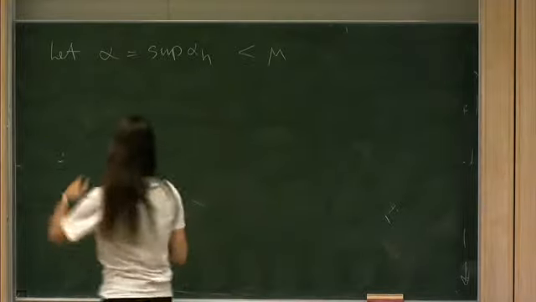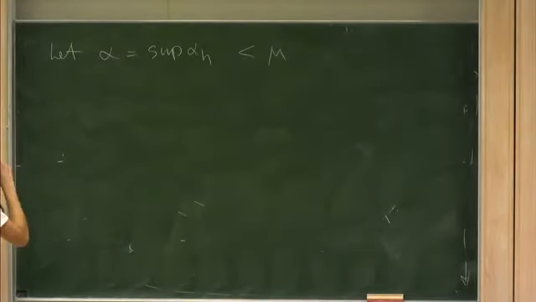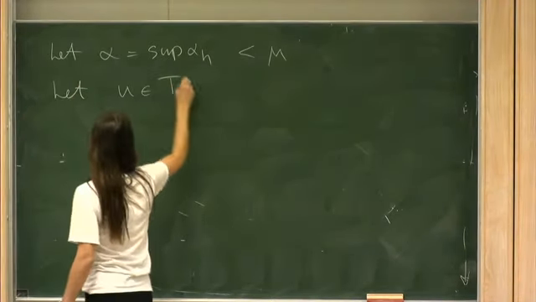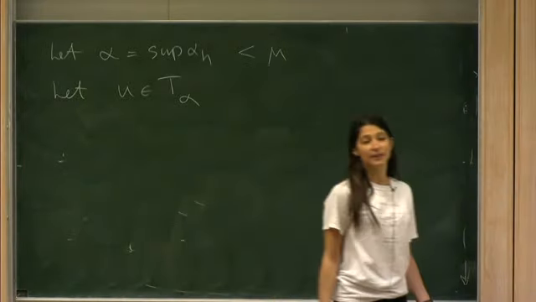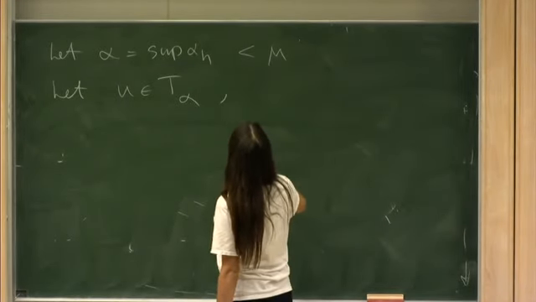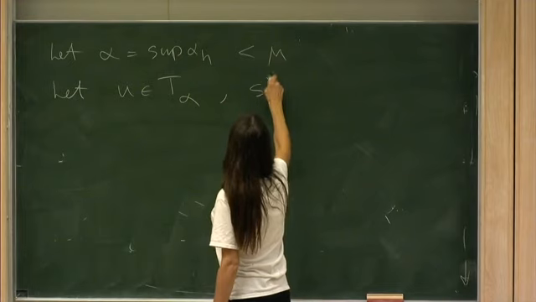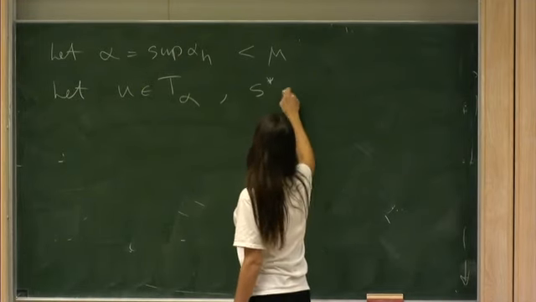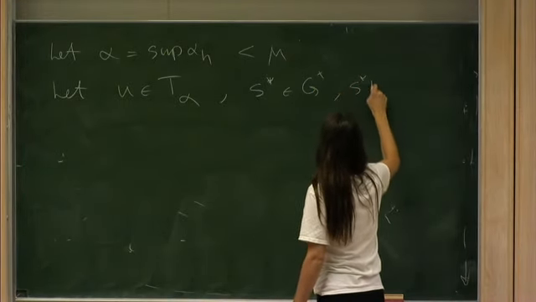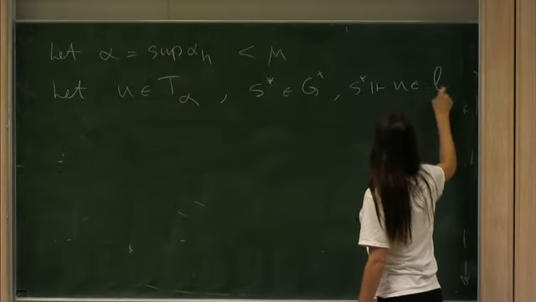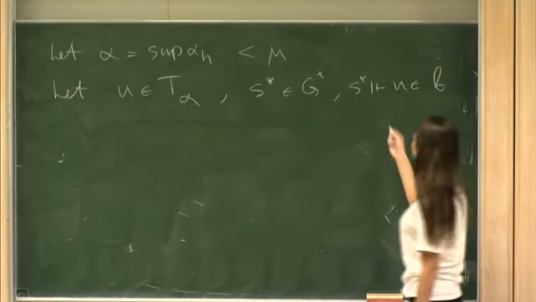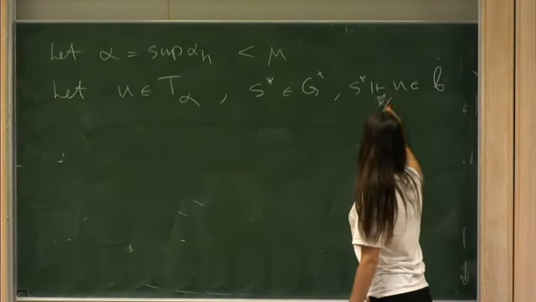Or even say bigger than the sup, etc. Now let u be a node of level t alpha, and let G star be forcing that u is in the branch over, so forcing technically R star over G.